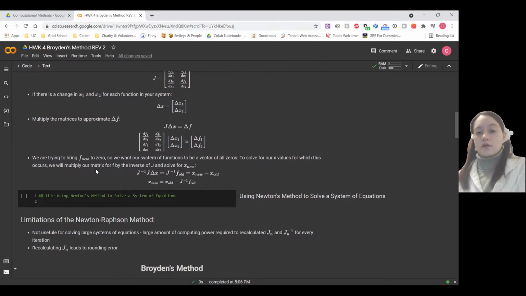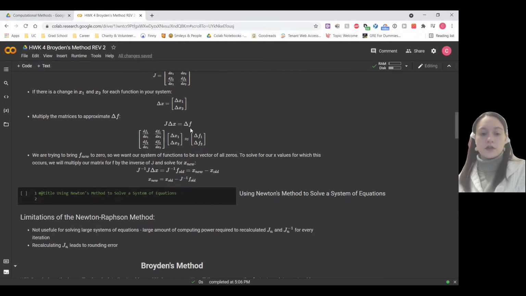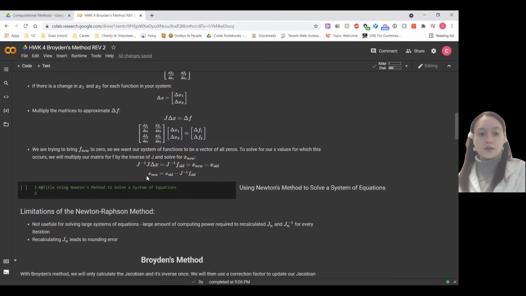So in order to solve for our x new, where our f new is 0, we want to take the secant function and multiply it by the inverse of the Jacobian. So then we can solve for x new. We multiply J delta x by J inverse, and the Jacobian and the inverse Jacobian will cancel out, and so we'll be left with our new x value equal to the x old value minus the inverse Jacobian times our old value of our function.